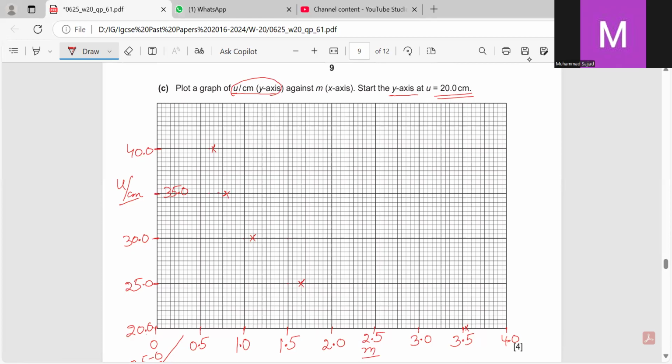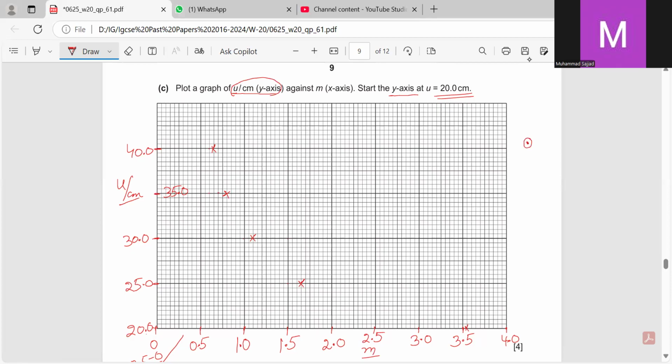That is also fulfilled. The third mark is awarded in general when he is locating the points with a cross sign or a plus sign, like I have used the cross sign. You can also use the plus sign, but if you are using a dot, you are not only using the dot, you have to write the dot in a circle, then it will be accepted.